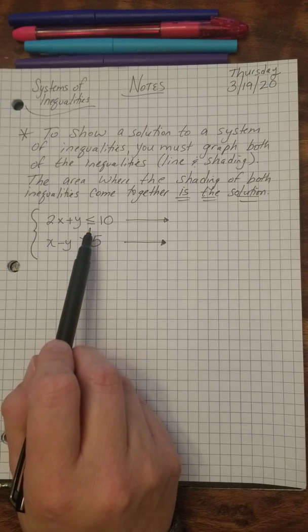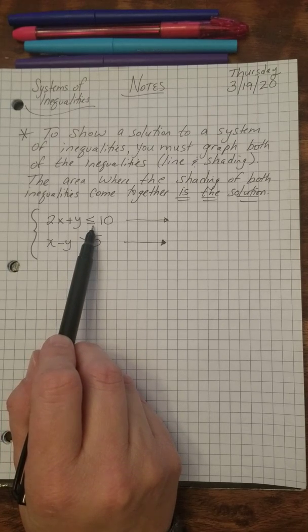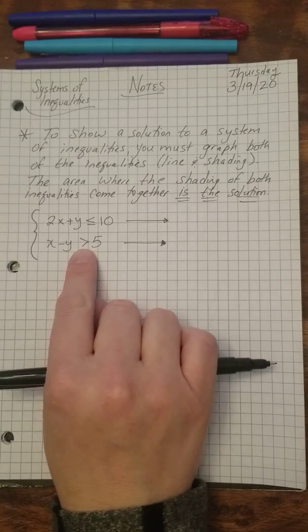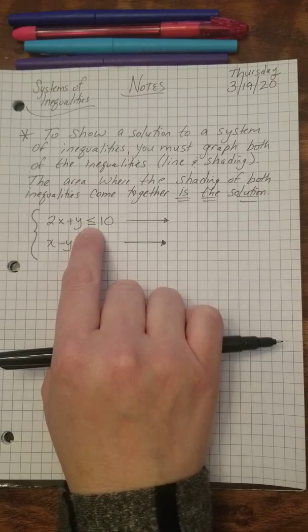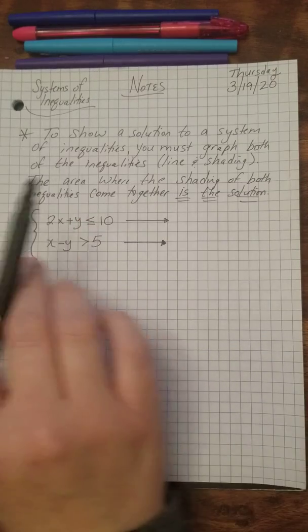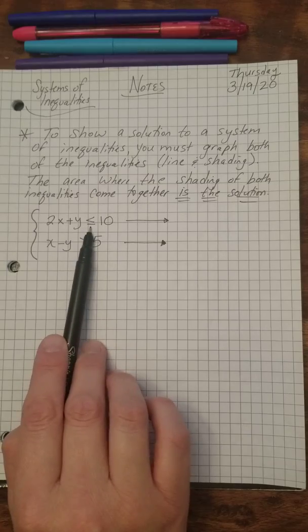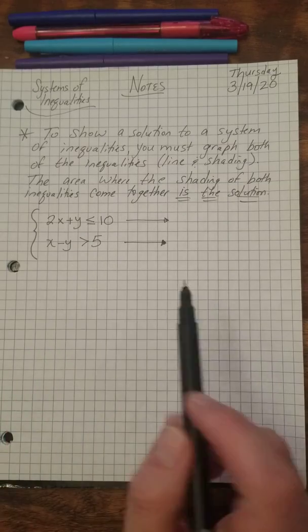But if we have an equal to, it's going to be a solid line. Just to make sure I said that right, if it is not equal to, it's dashed. If it is equal to, it's solid. So that's one thing that the inequality does for us. It tells us if it's dashed or if it's solid.